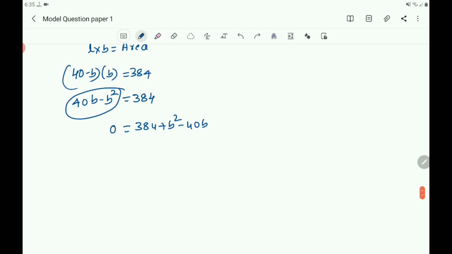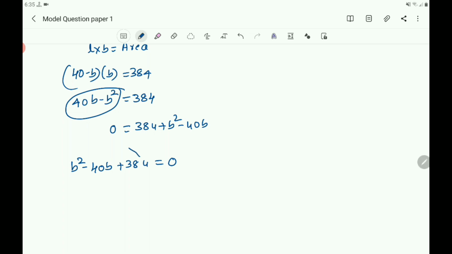Now we got the equation, interchange LHS and RHS. That becomes b square minus 40b plus 384 equals 0.